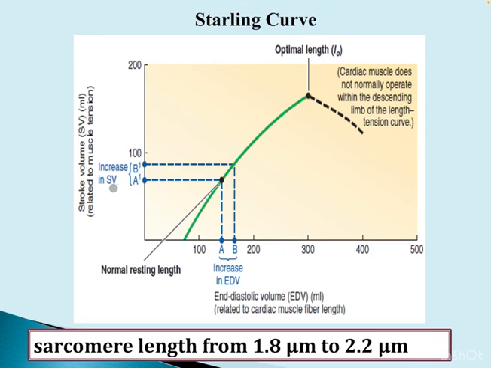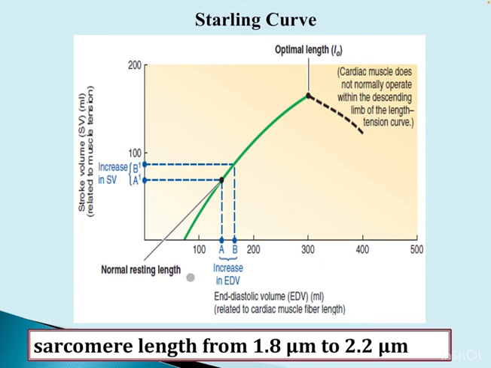But this law holds only up to the physiological limit, and that physiological limit is for the sarcomere length from 1.8 micrometer to 2.2 micrometer. This physiological limit is also known as the optimal length.